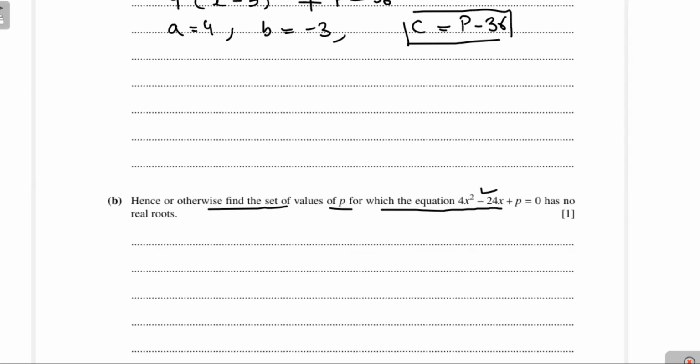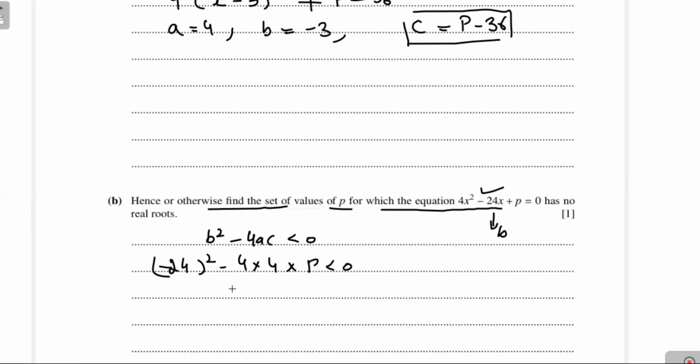Now you see here, this is the quadratic equation. In the quadratic equation, for no real root, b square minus 4ac is less than 0. Therefore, we write b here as minus 24, we write minus 24 whole square minus 4 into a, which is 4, and c, we write as p, is less than 0.